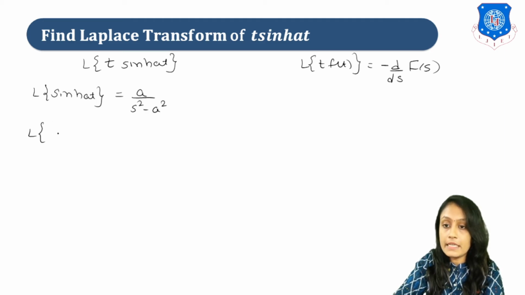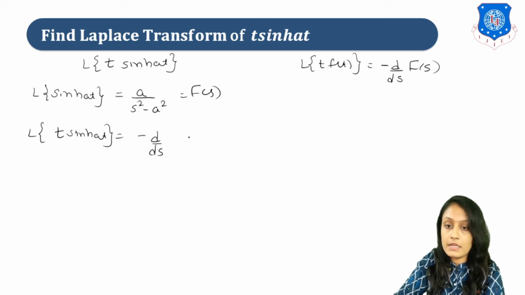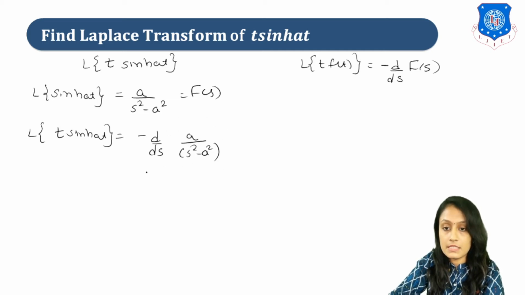Now just apply t. So this is t sinh at. It is minus d by ds of, this is our F(s), so minus d by ds of a upon s square minus a square. We have to differentiate this, so apply the division rule formula.